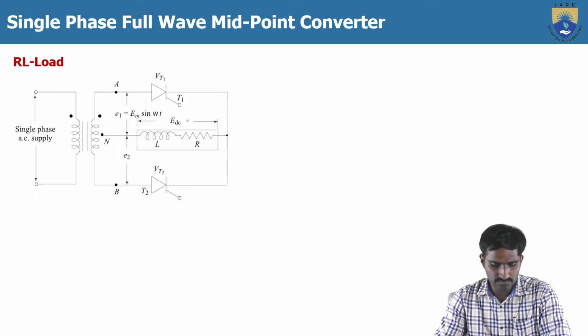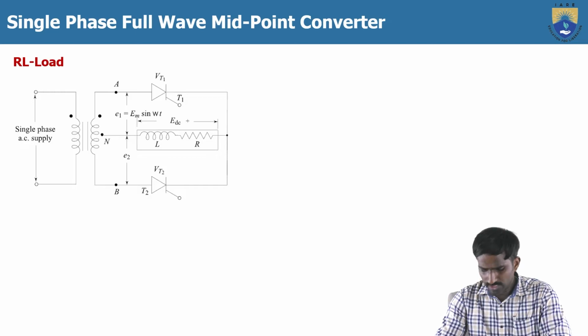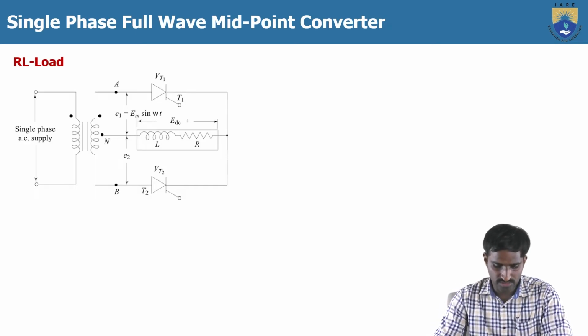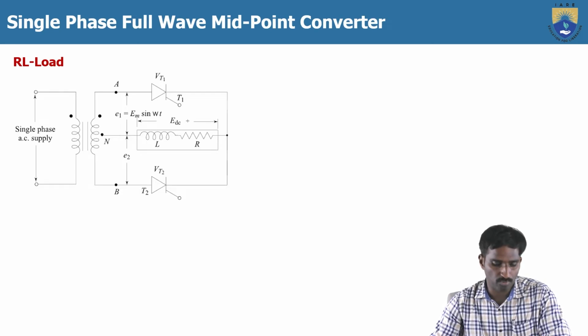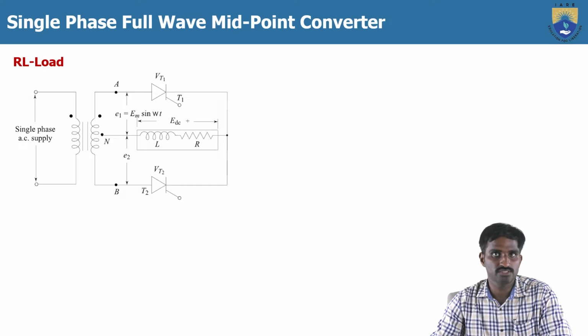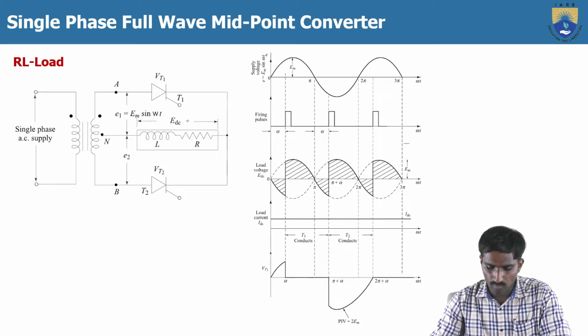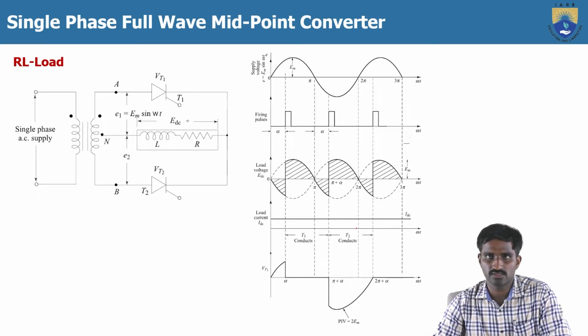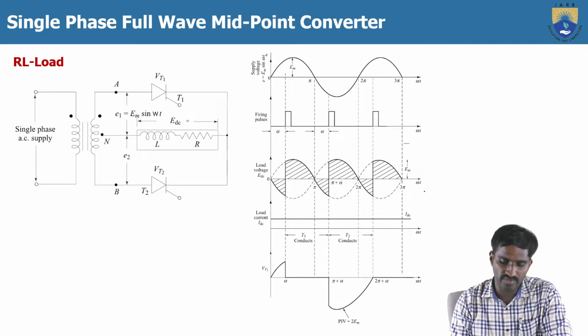Then next is the RL load. The operation of the single phase full wave midpoint converter with RL load is more or less the same as with the R load, but here you can see the difference. Here we have considered the load current as constant, because the load current depends on the value of the inductor.